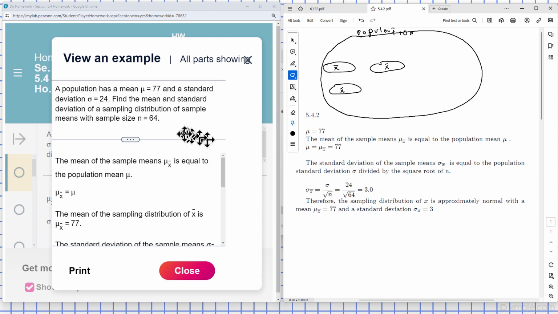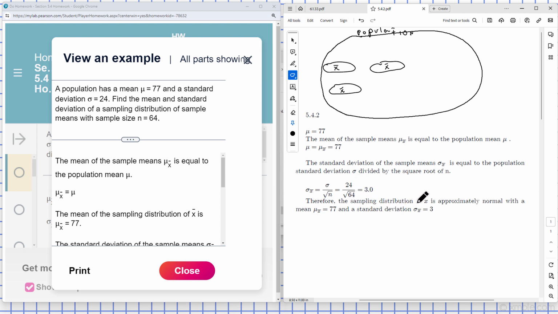So they tell us here that the population standard deviation is 24, divided by the square root of n, which is 64. N is 64. So you can plug in here. We have our 24 divided by the square root of 64, which is 3.